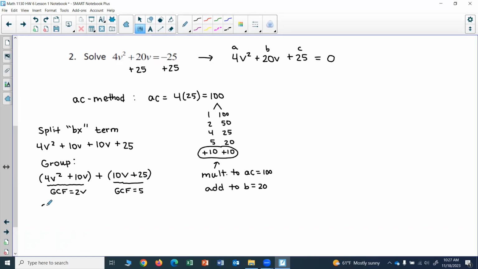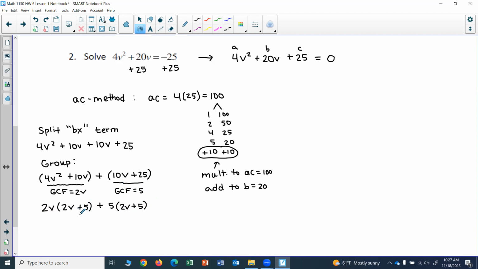So I factor out that GCF from the first group, and I have 2v times 2v plus 5. I'm going to factor the GCF from the second group, so I'll factor out a 5, and I get 2v plus 5.